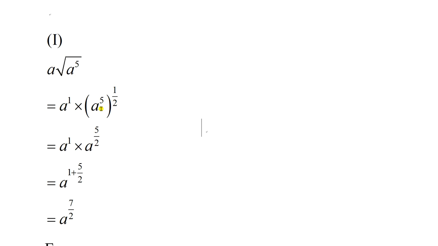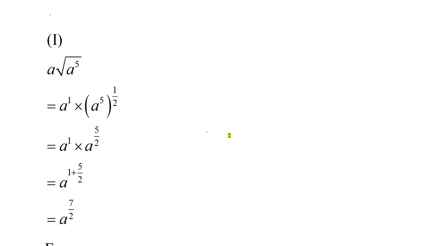So that is a to the power 5 in brackets, to the power 1 over 2. And these two numbers should multiply together, becoming a to the power 5 over 2. So a to the power 1 times a to the power 5 over 2. The bases are the same. When you do the multiplication, you need to add the indices up. So that is a to the power 7 over 2.